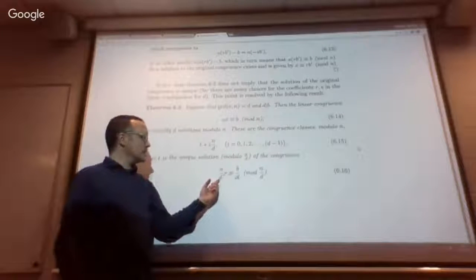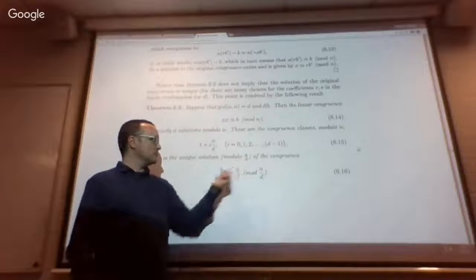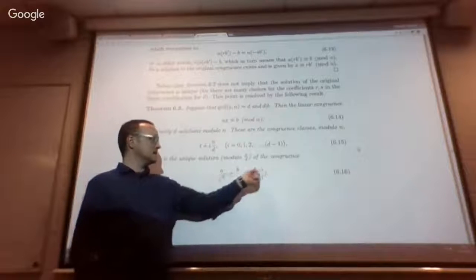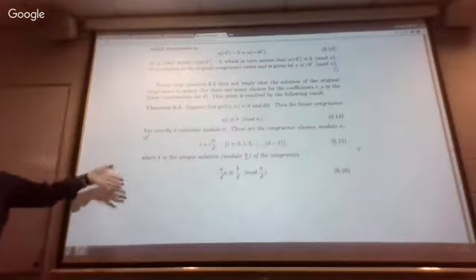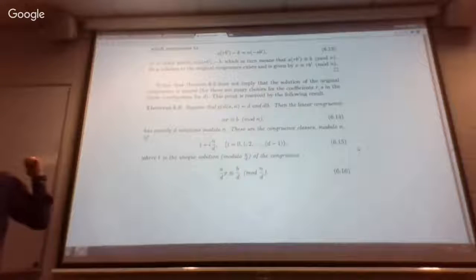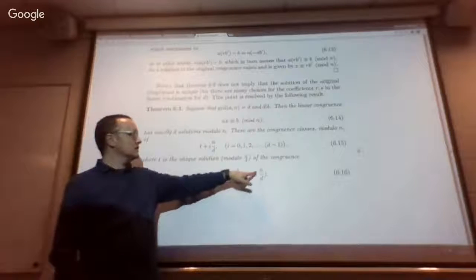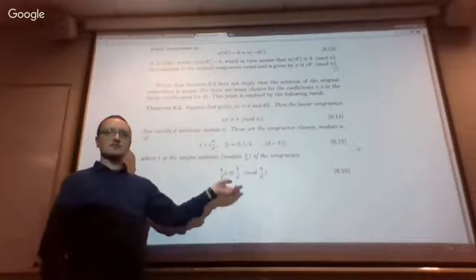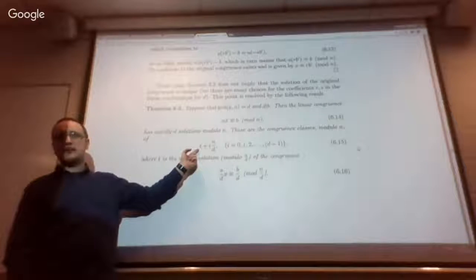Because after you divide a and n by the greatest common divisor, the bit that's left behind, the a over d and the n over d, will be co-prime. So that last congruence is covered by the first result. This quantity a over d will have an inverse modulo n over d, so you multiply both sides by that inverse, there is a unique solution to this congruence, and t is a representative of that.